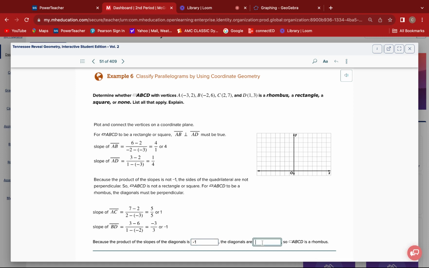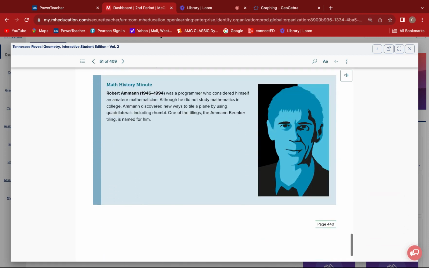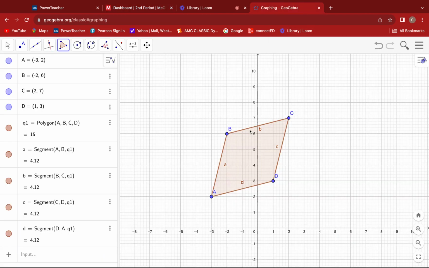They are opposite reciprocals. All right, so that means it's a rhombus. Well, and I hope I proved that to you guys. And I love hands-on activities for my students. Sometimes it just sinks in better for the students.